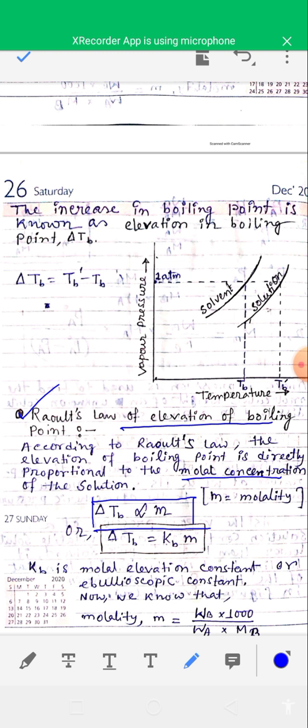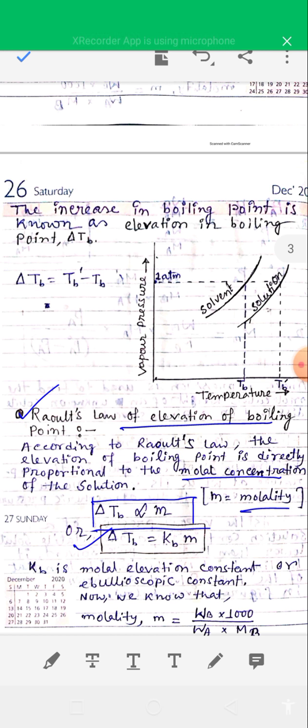That is, delta TB is proportional to m, or you can also write delta TB is equal to Kb into m, where m is the molality, the molar concentration of the solution.